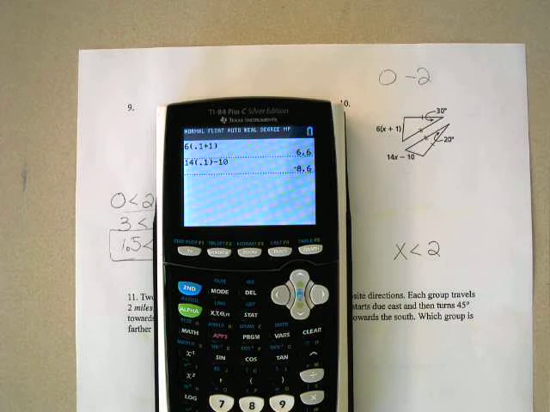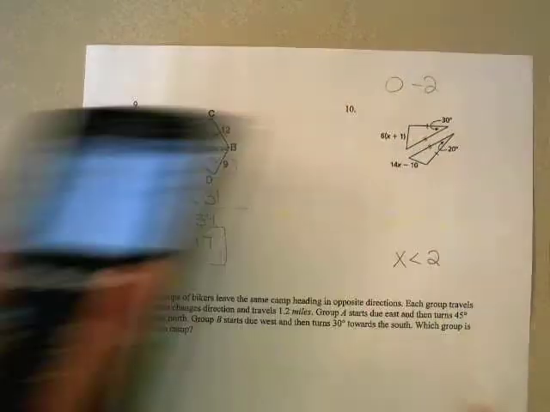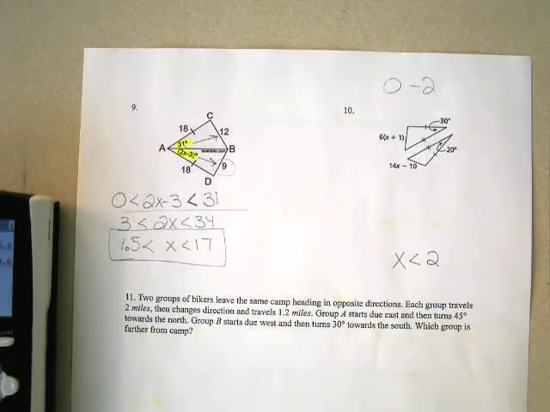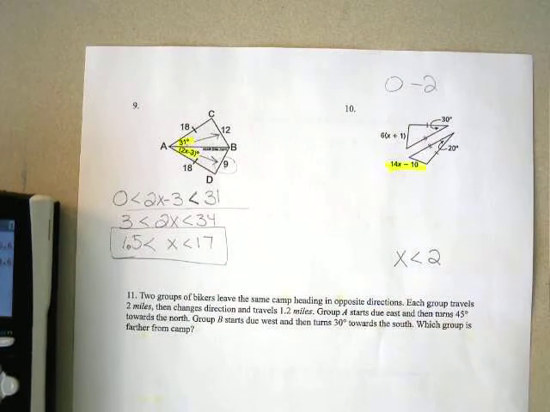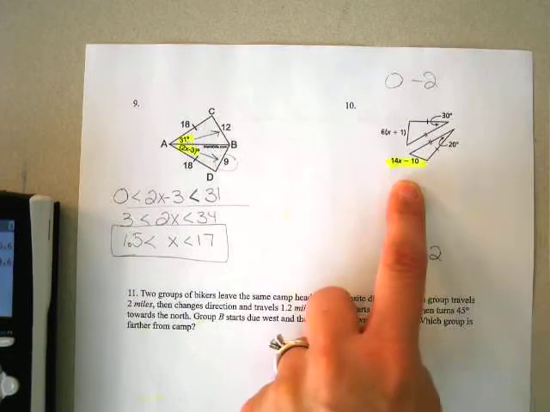Are you really going to want to sit here and just randomly pick numbers? So this is where you got to think. Look at this picture. Who's the smaller side? The 14x one? You do not want the side to be 0, do you? So then just make the side be greater than 0.